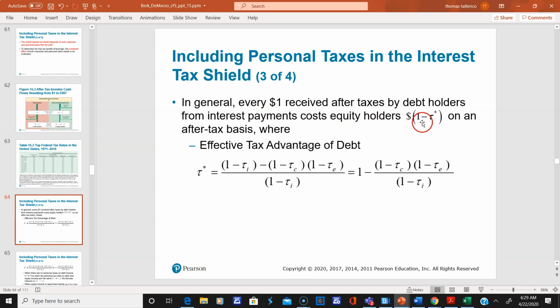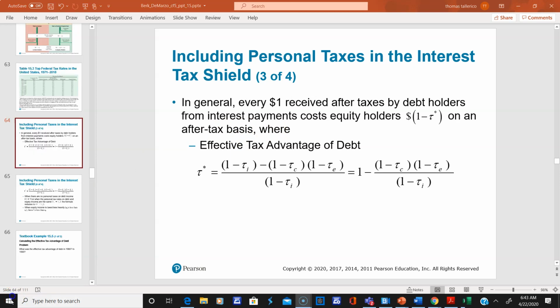This came from what we saw in that previous table. So this is an important equation here, and this is an important statement.